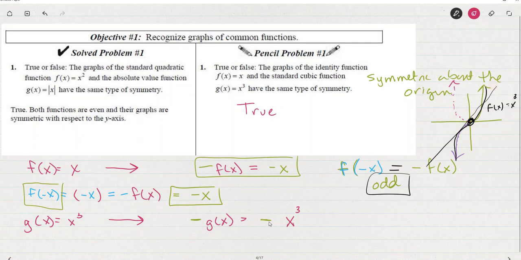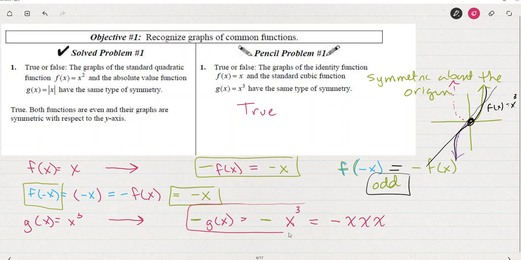Remember, this opposite, this green negative out in front, isn't being cubed. The negative is not attached to that 3, so this is the opposite of x cubed. If we expanded it, it would be this. There's only one negative there, right? So that's our opposite of g of x.